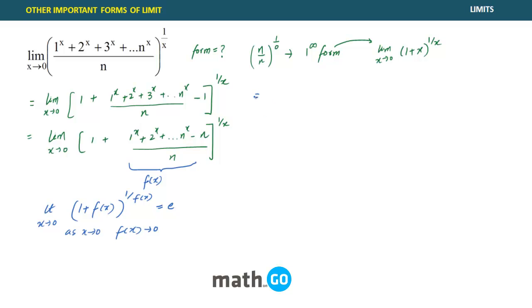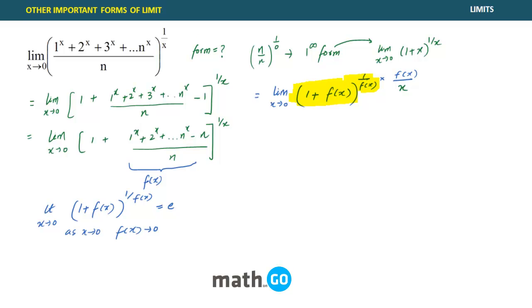So what I needed here was limit x approaching 0. Let me assume this as f(x). So you wanted 1 plus f(x), but rather than 1 by x, you wanted 1 by f(x) to be there. So what I did, in the power I multiplied and divided by f(x). Okay, but still we have 1 upon x here. Got it. So if you check properly, this entire stuff over here will reduce to 1 raised to power infinity form.